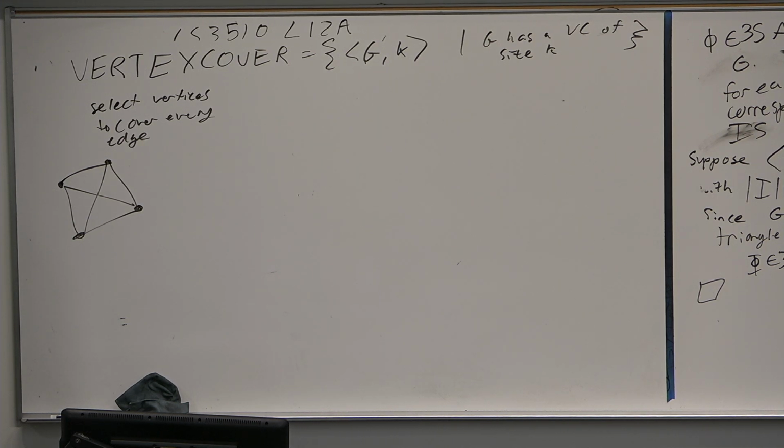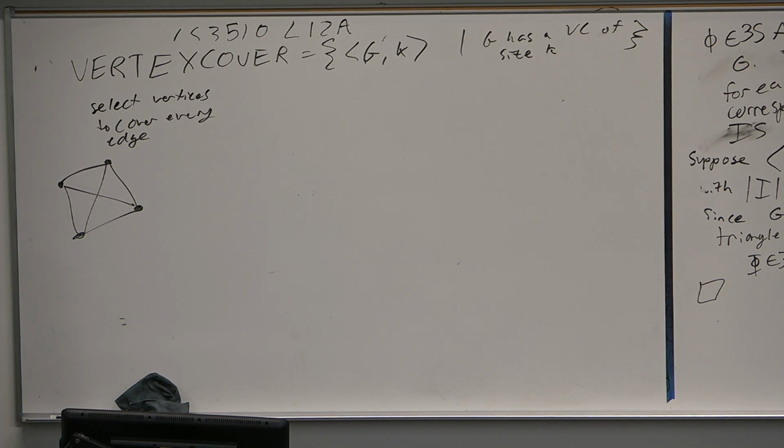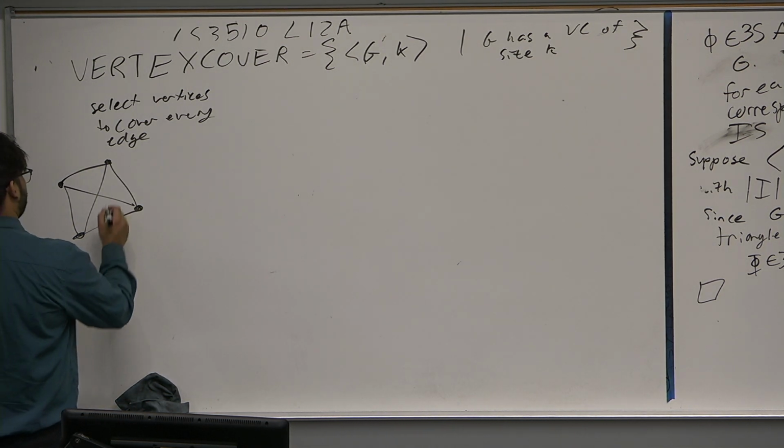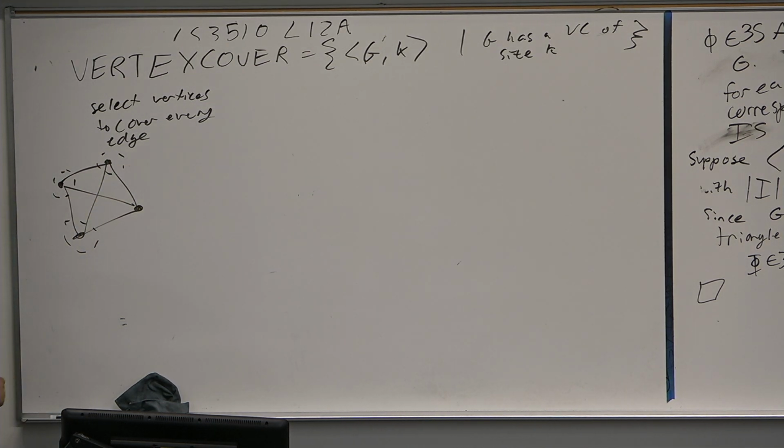Select for me a set of vertices, not edges, but vertices, such that every edge is touching one of the vertices you select. Any selection of 3. Okay. Every edge is touching one of those 3 vertices. Is there a smaller vertex cover? Yeah, because if you forgot that one, you'd be missing that one. And by symmetry arguments, all subsets of size 2 are identical.